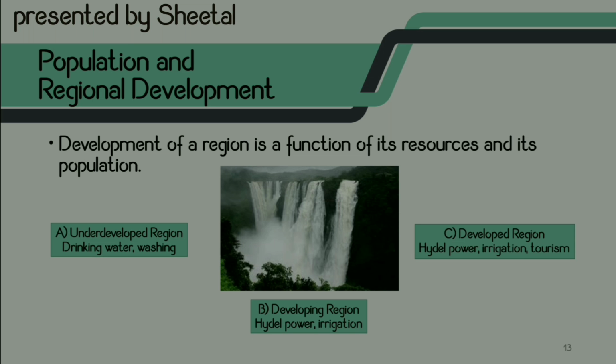Basically, wherever the region is underdeveloped, the people are engaged in very basic work. In the case of developing regions, they are engaged in some medium type of work. And in the case of a developed region, you can see highly mechanized things with the best science and technology features.